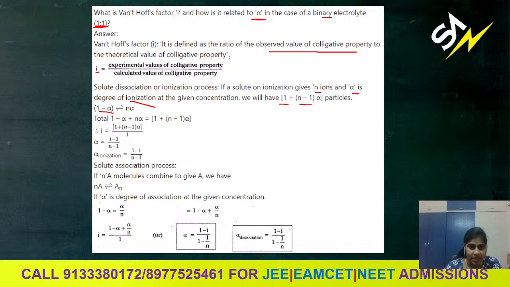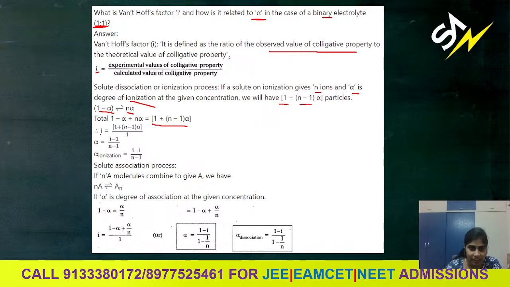This 1 minus alpha, on reacting in a reversible reaction, forms n alpha products. That means completely we have 1 minus alpha plus n alpha products. From that we get 1 plus n minus 1 of alpha.